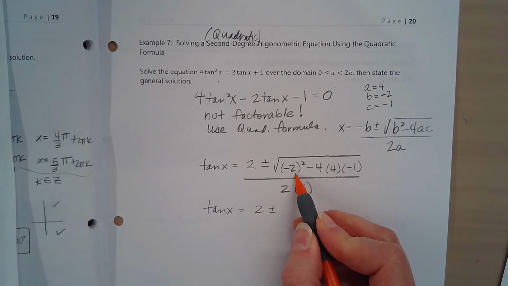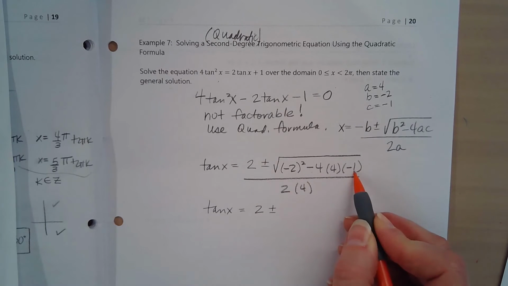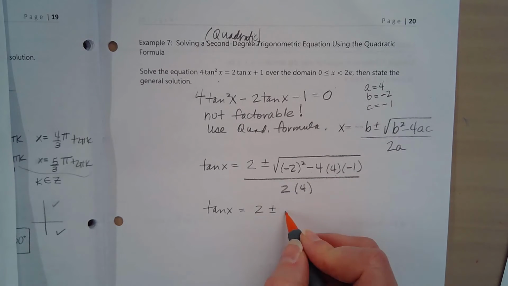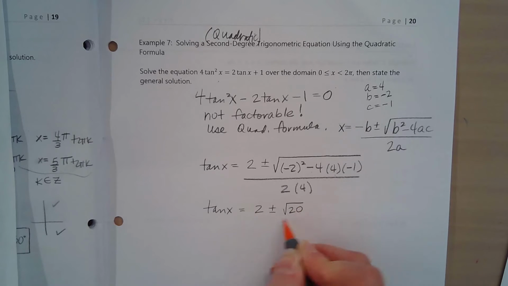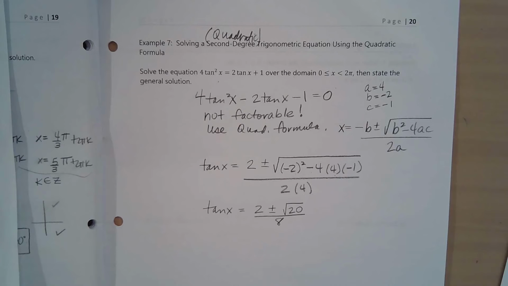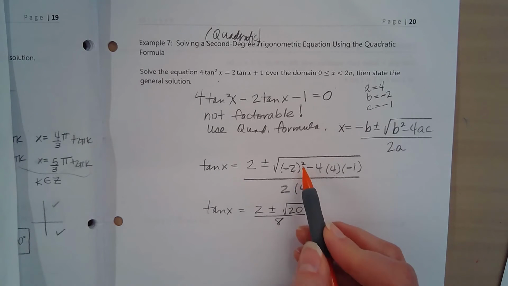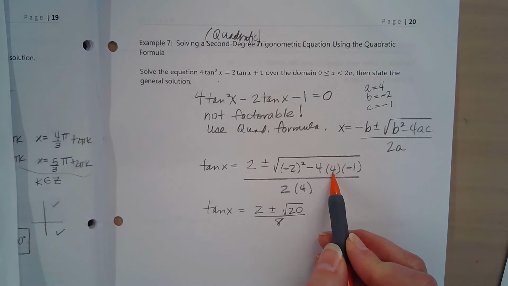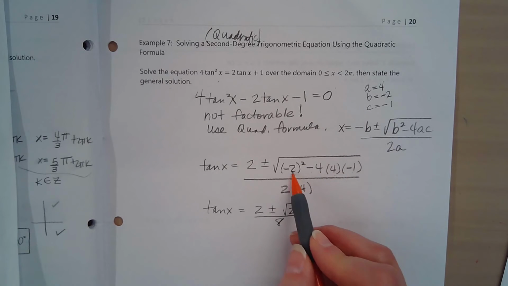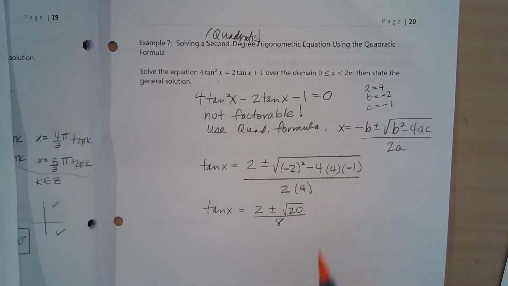So I've got 4 plus 16, so root 20, all over 8. This becomes 4: 4 times 4 is 16, times negative 1 is negative 16. 4 minus negative 16 is positive 20.